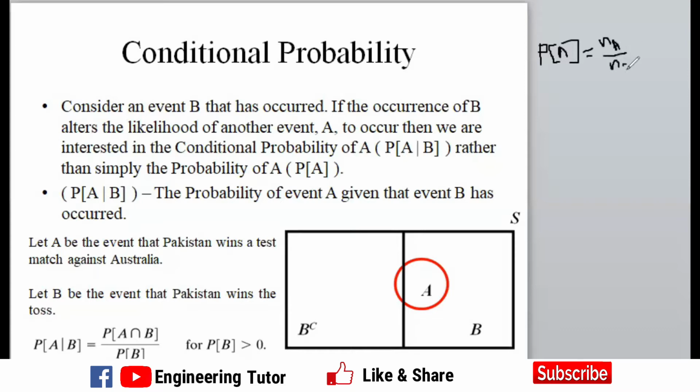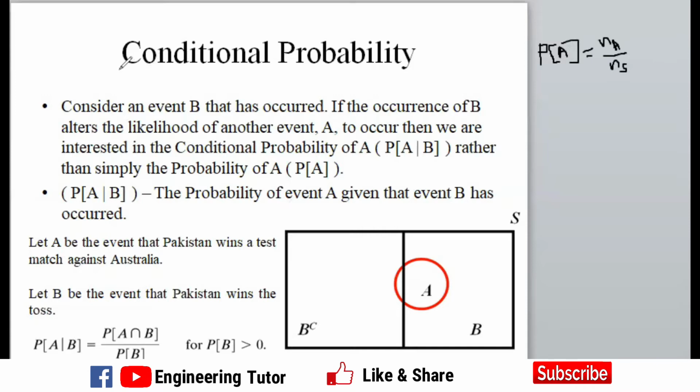This is one of the most important formulas in any frequentist method, in which you find the probability by the frequency of any element. If the frequency of any element is higher, the probability or the chance of the occurrence of that element will be higher. But what is basically conditional probability?